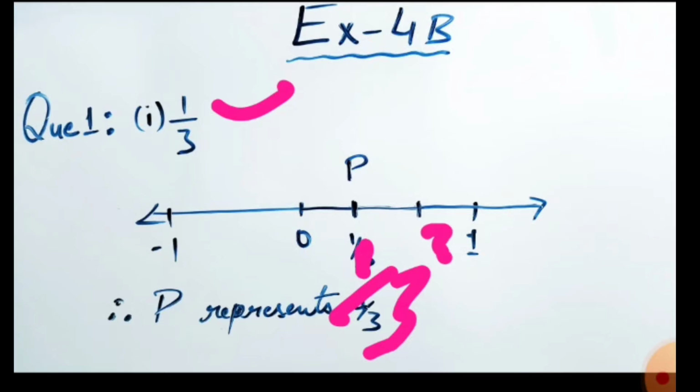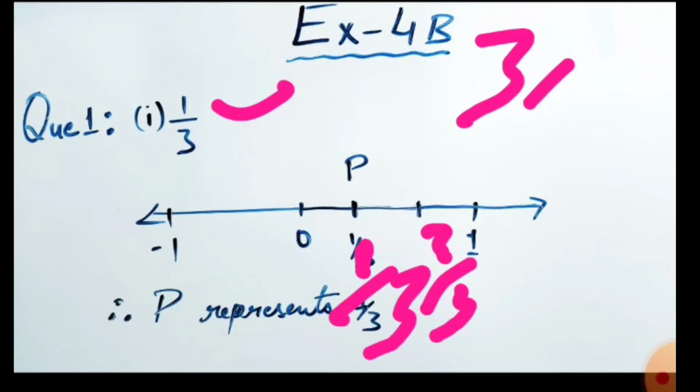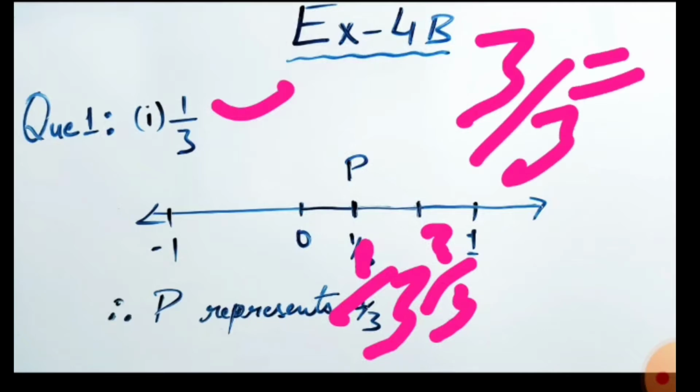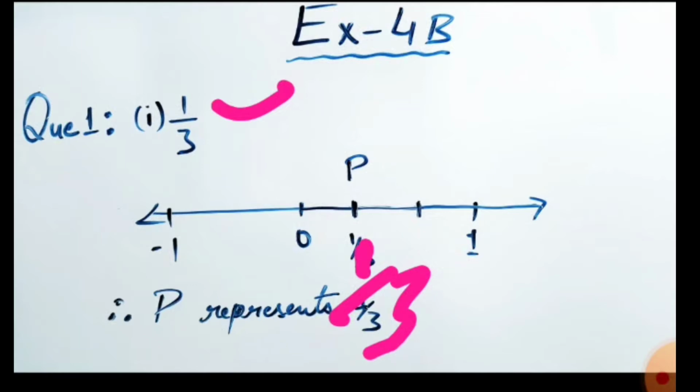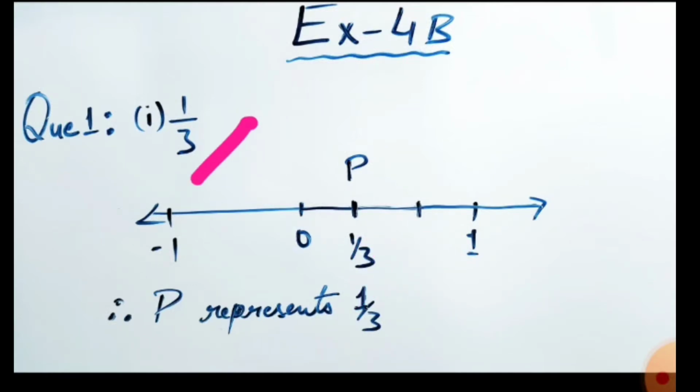Second will be 2 by 3, and third will be 3 by 3, and we know that 3 by 3 is equal to 1. We need to represent only 1 by 3. So this is our required 1 by 3, and make a circle over it also. And at the end we will write here P represents 1 by 3.